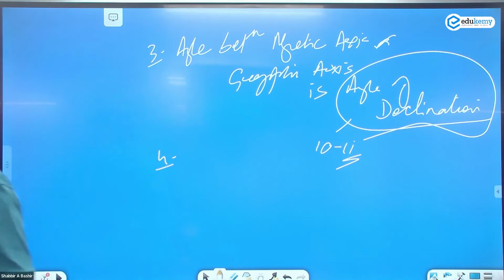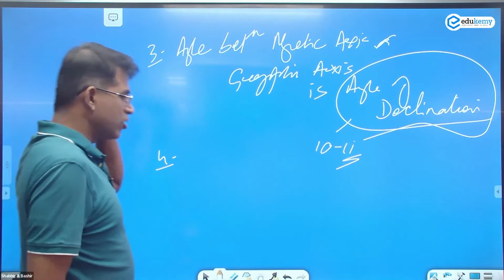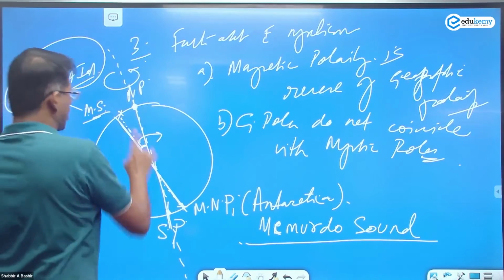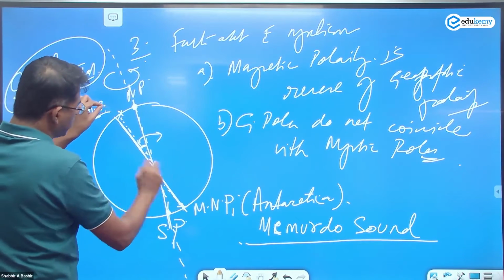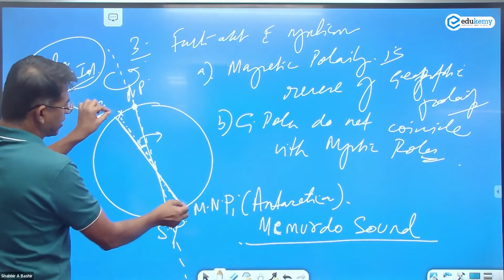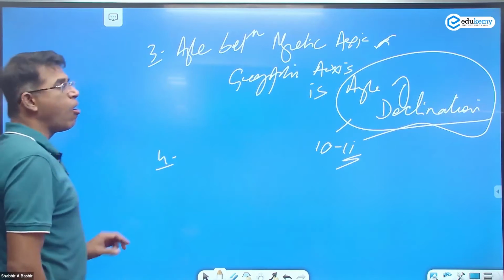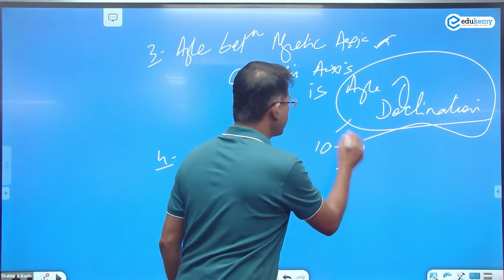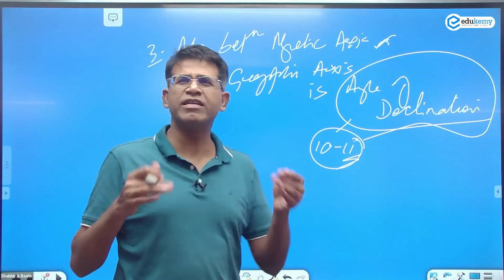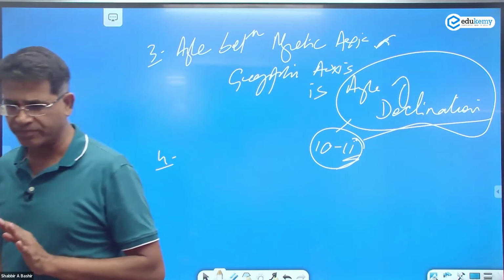But it is not a dramatic change. So this north-south pole can move slightly like this. It is moving, and because of this, this angle can change. But for all practical purposes, we may consider it more or less around 10-11 degrees. So we just keep it as a constant.